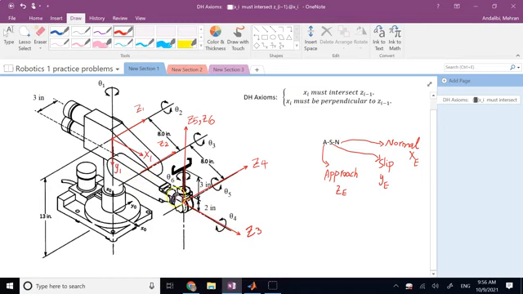So if you extend this z3, it is going to pass through the middle thickness of the member. And since the middle thickness of this trapezoidal member is right above the cylindrical member, this distance of 3 inches is going to be the distance between origin 1 and origin 2.